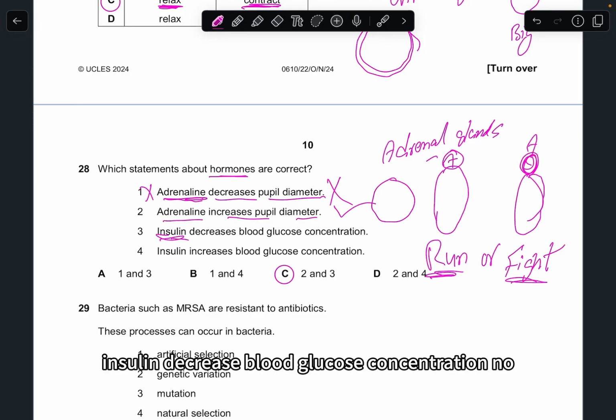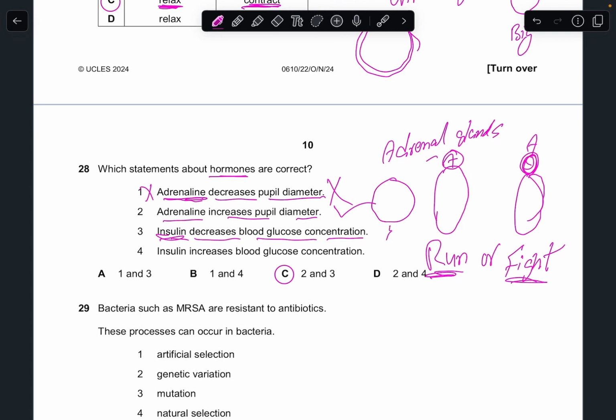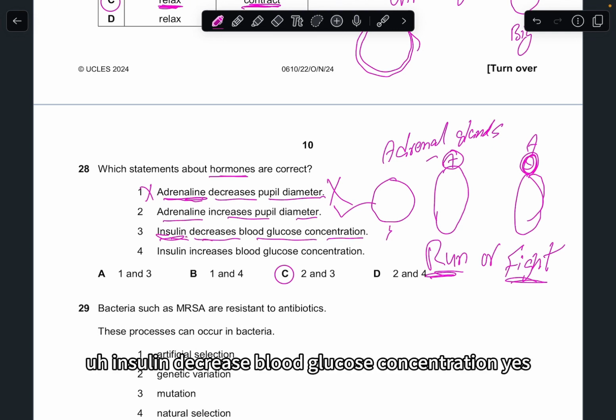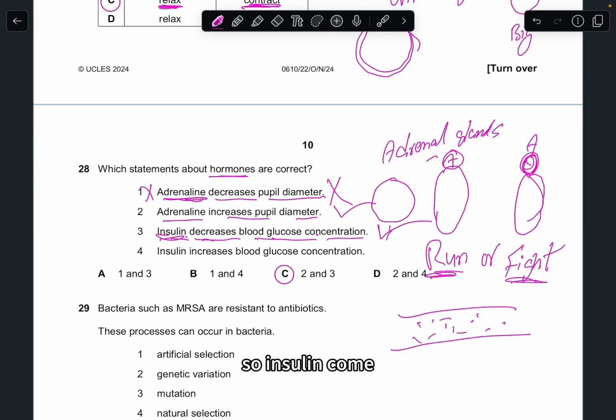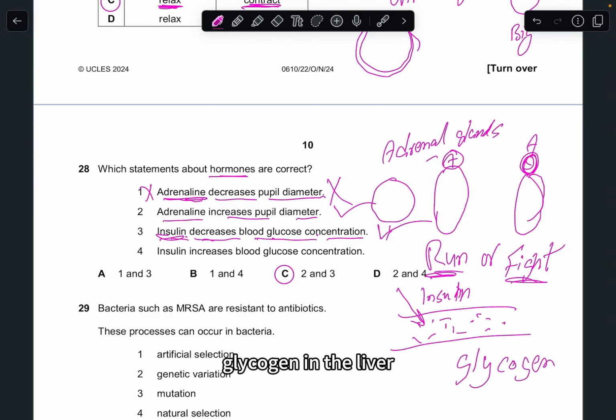Two, adrenaline increases pupil diameter. Yes. Insulin decreases blood glucose concentration. Yes, because after we eat, our blood has so much sugar, so insulin comes and absorbs the sugar and makes glycogen in the liver.